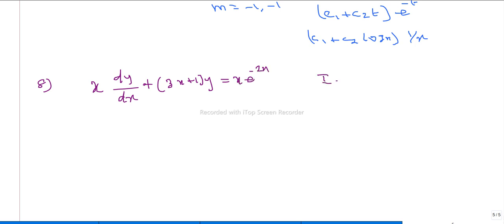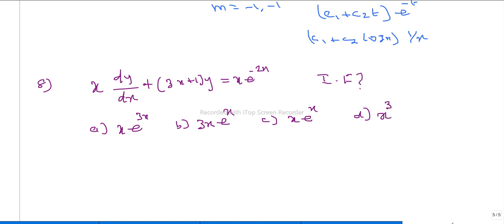So what is the integrating factor of this equation? The options are: first option x into e power 3x, second option 3x e power x, third option x into e power x, fourth option x cube e power x.